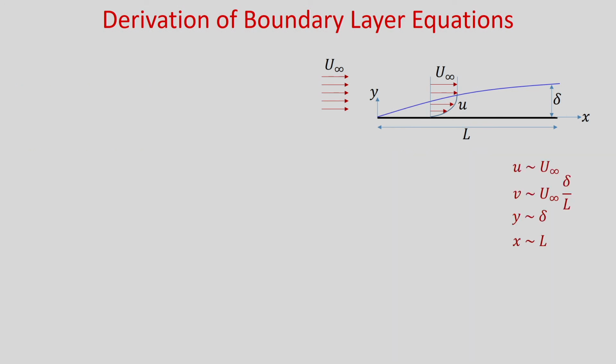So, now let us write P as a function of x and y, and we can find whether we can drop the normal pressure gradient in the governing equation. Okay. So, what we can write? We can write dP is equal to del P by del x dx plus del P by del y dy.